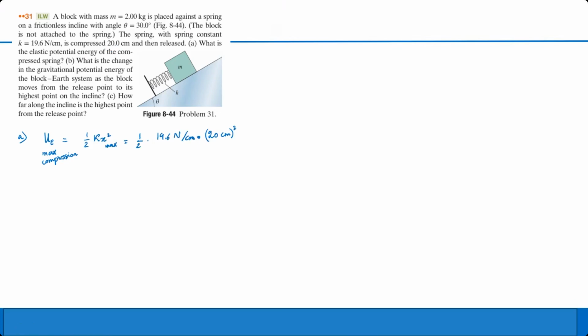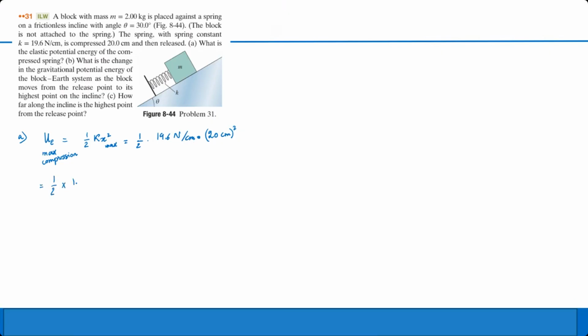Now, there's a small issue I have to be careful about here. My unit here is centimeters squared, and here I have per centimeter. One of these centimeters will cancel out, but the other will not. So I prefer we convert everything to meters so that my final answer for the energy is joules. So I'll do some conversions.